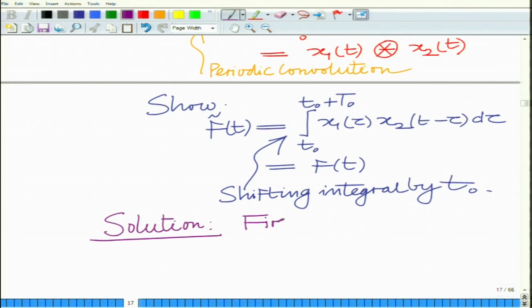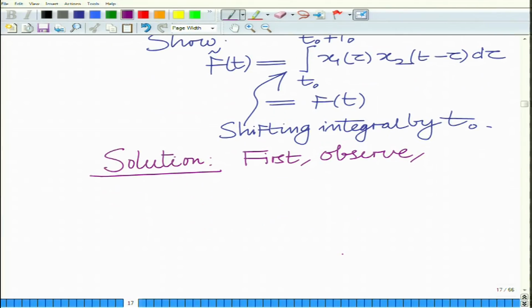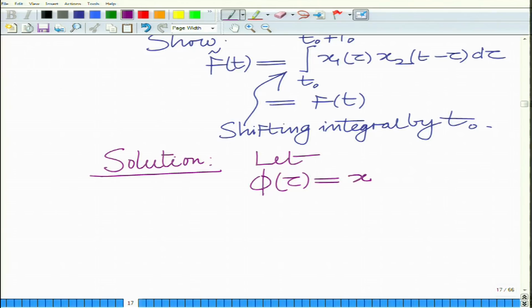First, observe that, let us set phi of tau, for any given value of t, equals x1 of tau x2 of t minus tau.